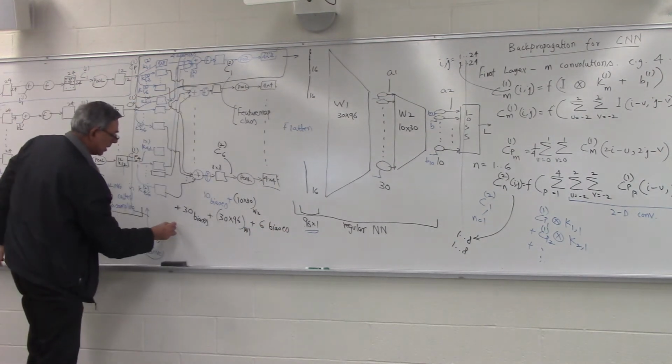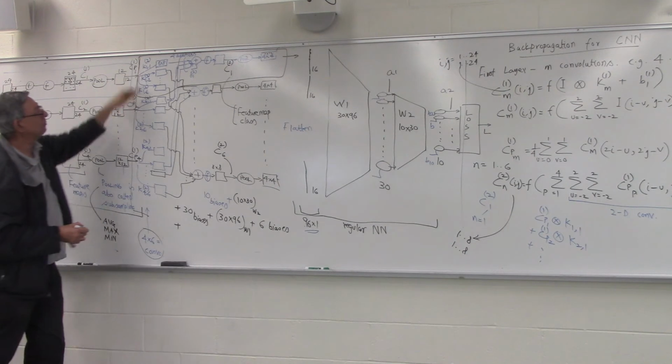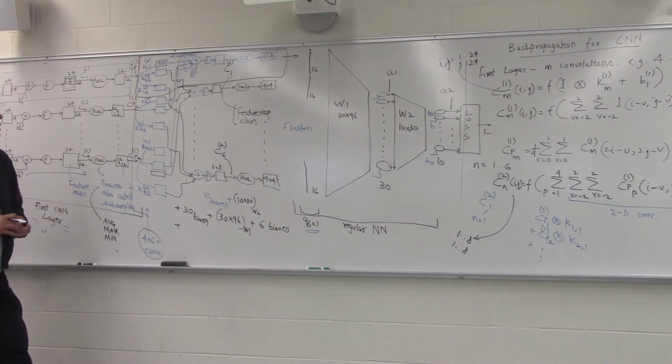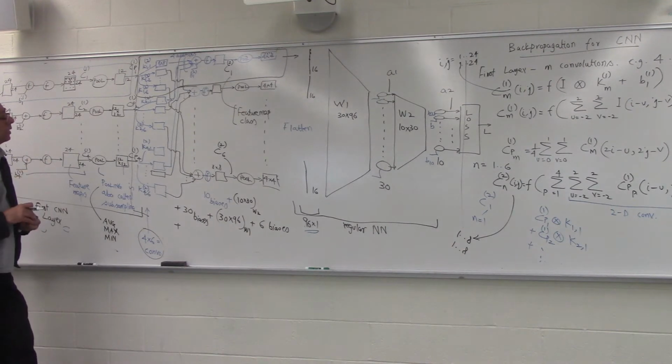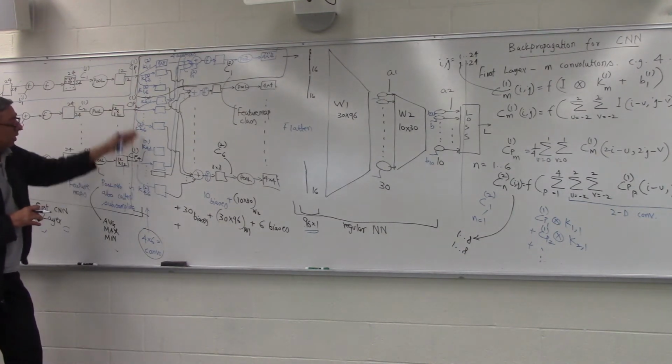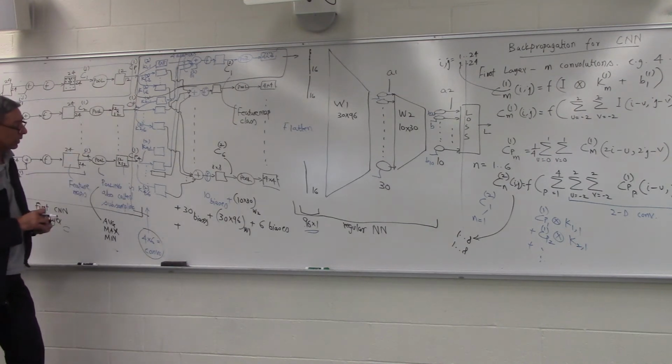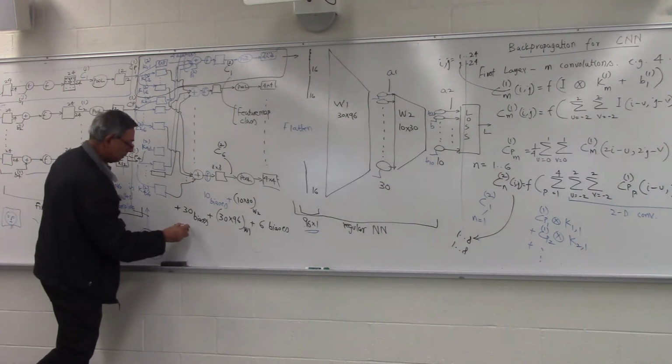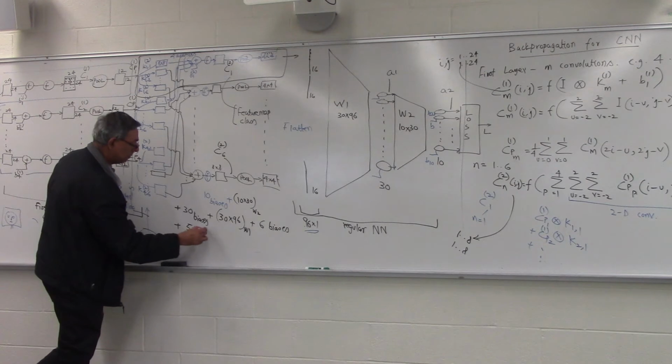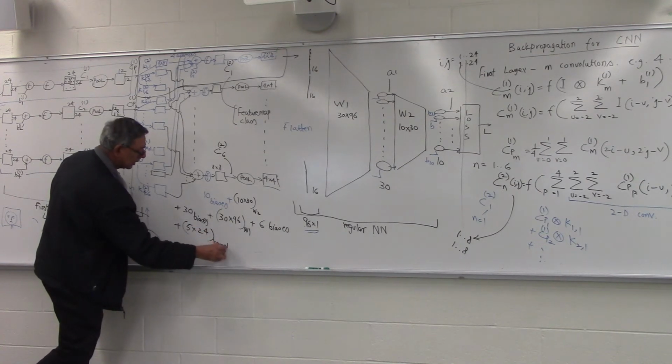Plus, we also have to learn the kernels. As you will see, the kernels are initialized randomly. The 5 by 5 matrix will be initialized randomly. So now, how many in this particular case? 5 times 24. So this is basically the kernel in the second layer.